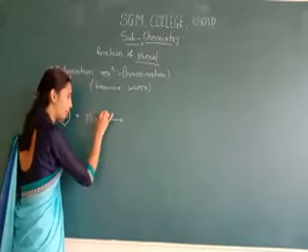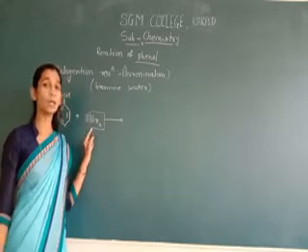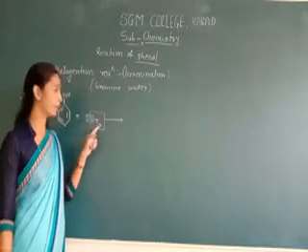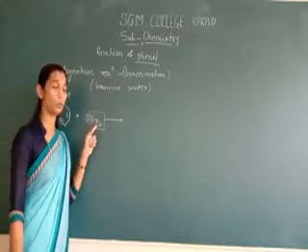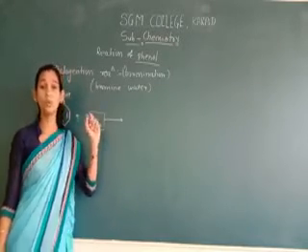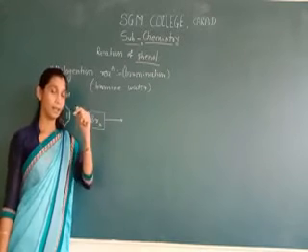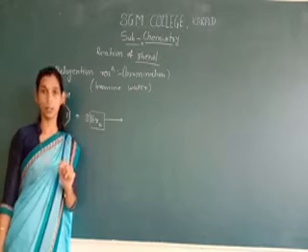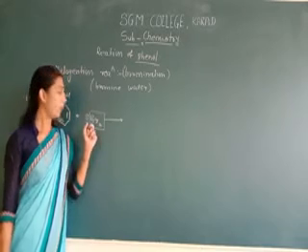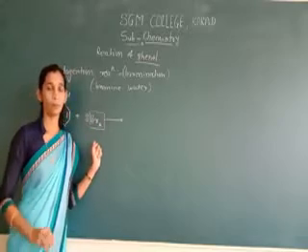Here we write Br2 because halogen compounds are written in the twice form, as there is only 1 electron lacking in the outermost shell, so these compounds are written this way.